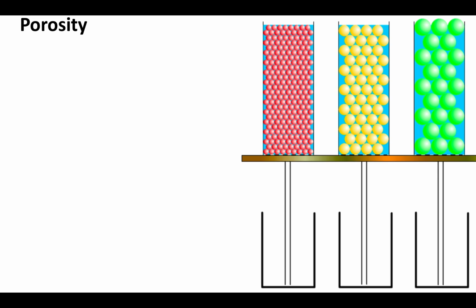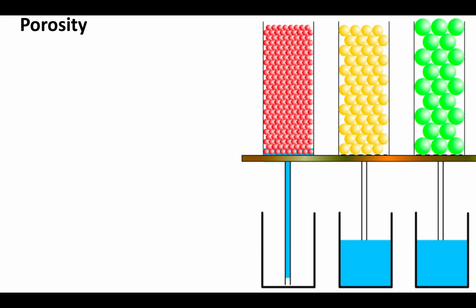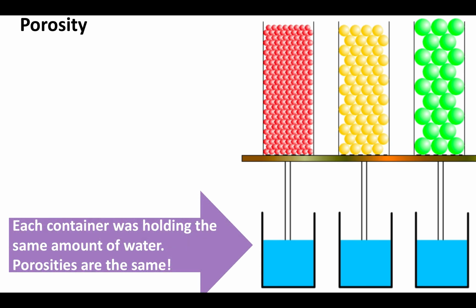When I start the animation and release the water, we can figure out which container is carrying certain amounts of water. So as the water is released through, what you'll notice is in each of the three containers, they have the same amount of water. They're all holding the same amount, which means the amount of pore space between those sediments was the same.